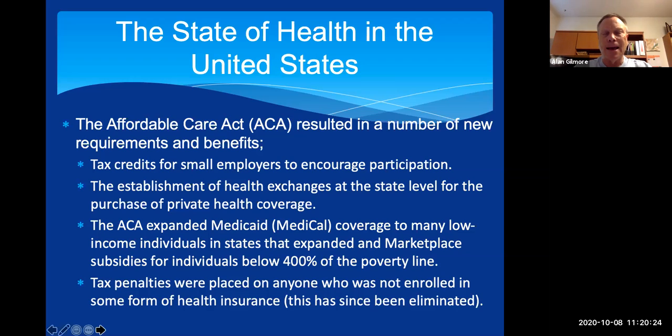Let's talk a little bit about that so it's not too confusing. At the federal level, the funds that become available to support medical services for low-income individuals in a given state is called Medicaid.